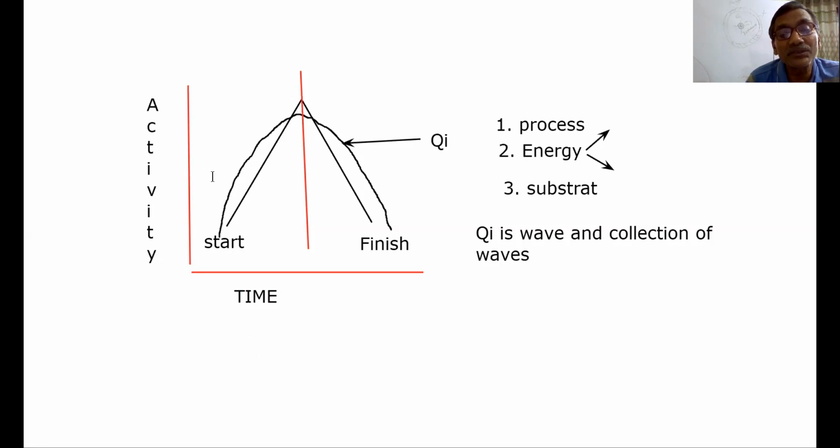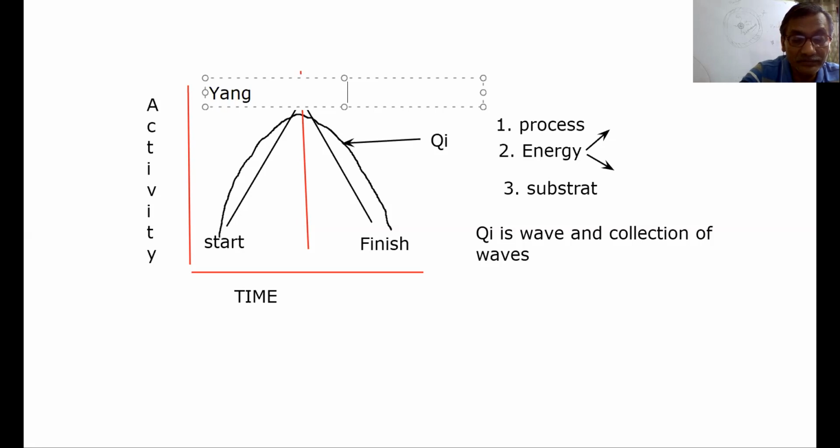The force which is responsible for movement is much more active. So this is called yang chi. The yang side of chi means yang chi. And the other one is yin chi. So the yang side and yin side of the chi.